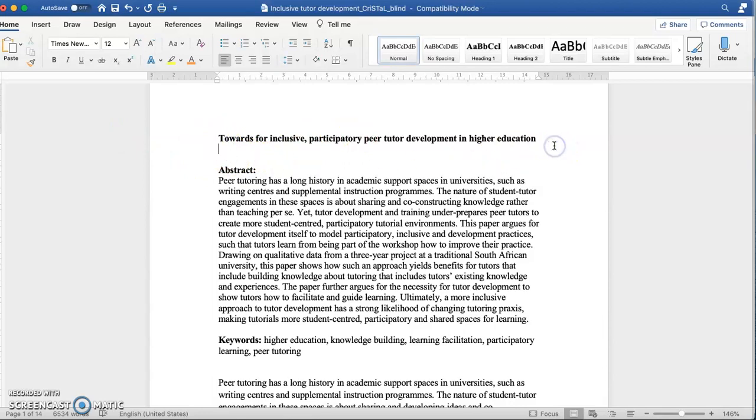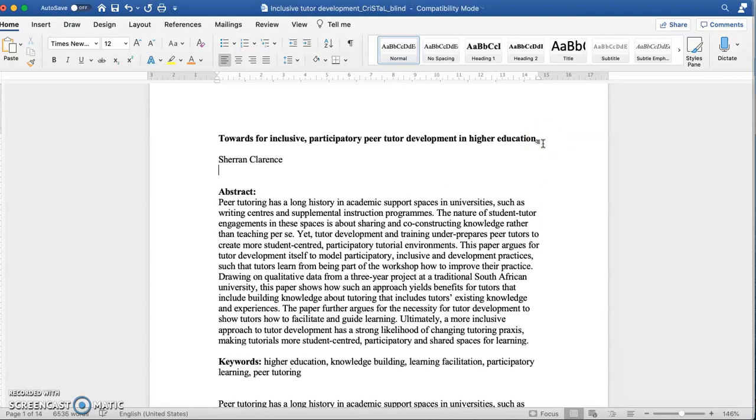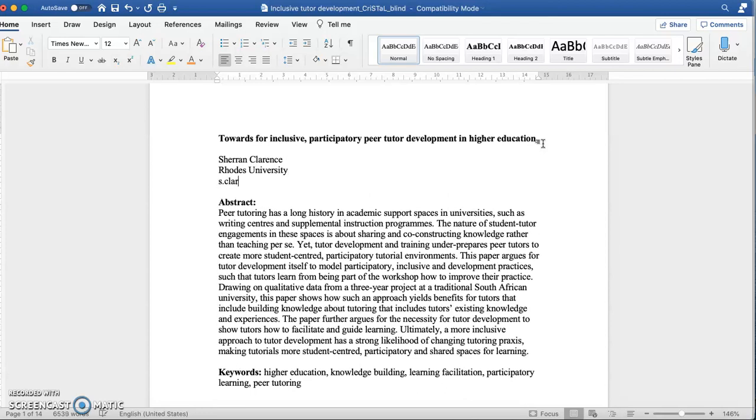So ordinarily in a paper for publication, you would have a name here, right? You would maybe even have an affiliation. You would maybe have a contact address, and you would maybe have an ORCID ID. I don't know what my ORCID ID is off by heart, so I can't type it in here. But you wouldn't have any of this in a blinded paper.